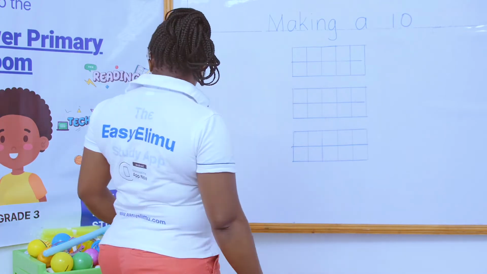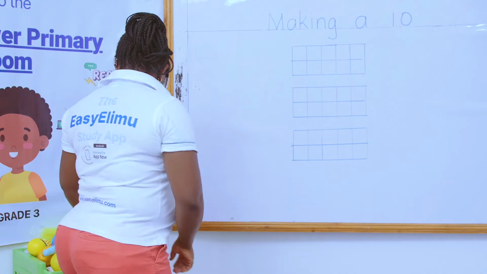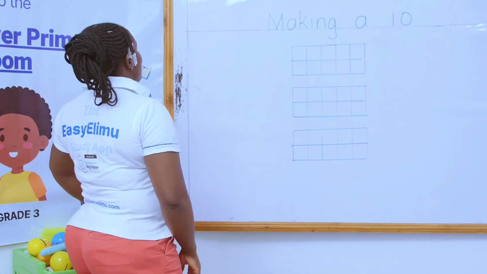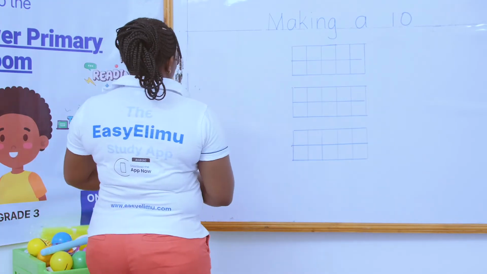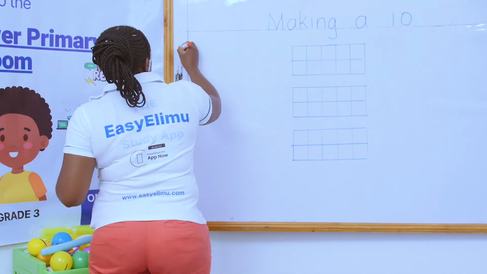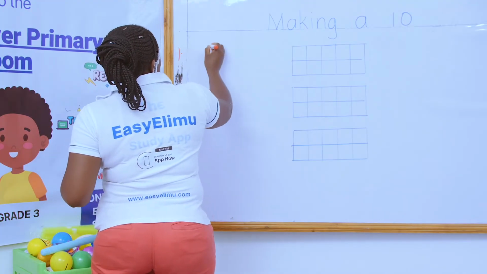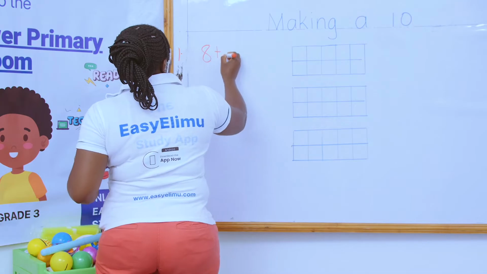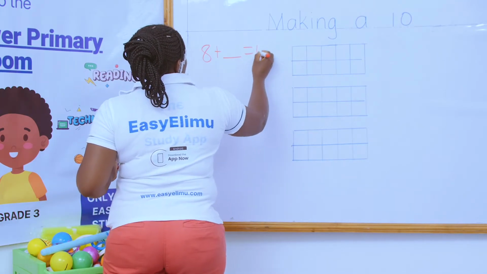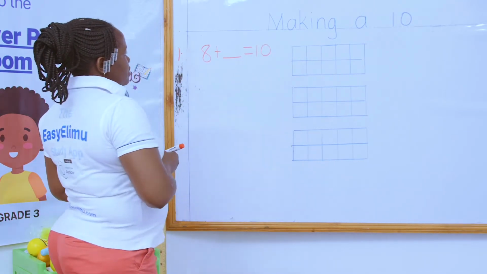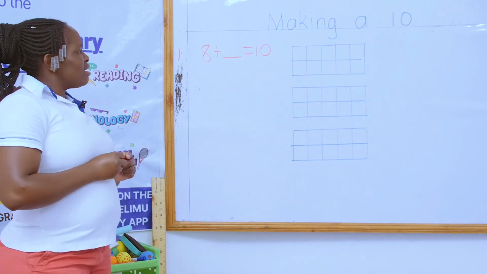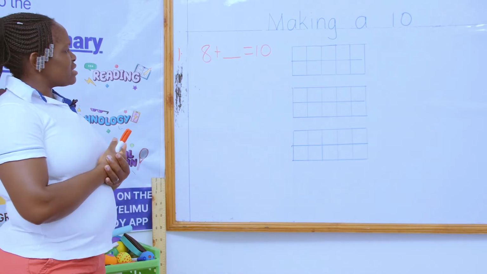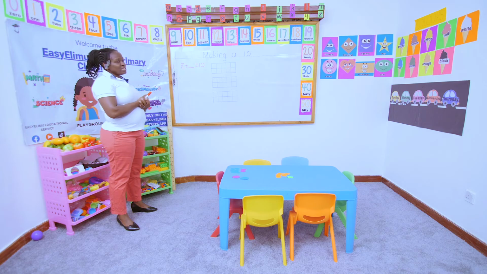It really helps us when we are calculating work, when we are doing addition. For example, I've been given a question. My question says, 8 plus dash should make a 10. And you keep on asking, how am I supposed to do this?